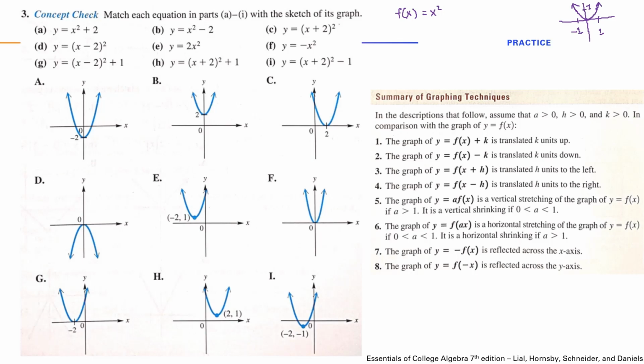So this is outside 2 units, so up and down. Positive means up 2 units. So we move that up 2 units. This one moves down 2 units. This one up 2. So it looks like right. This one is up 1.